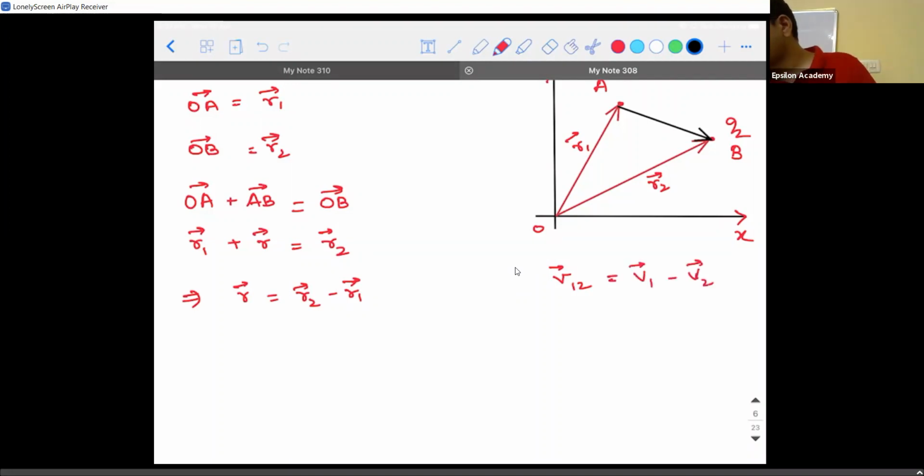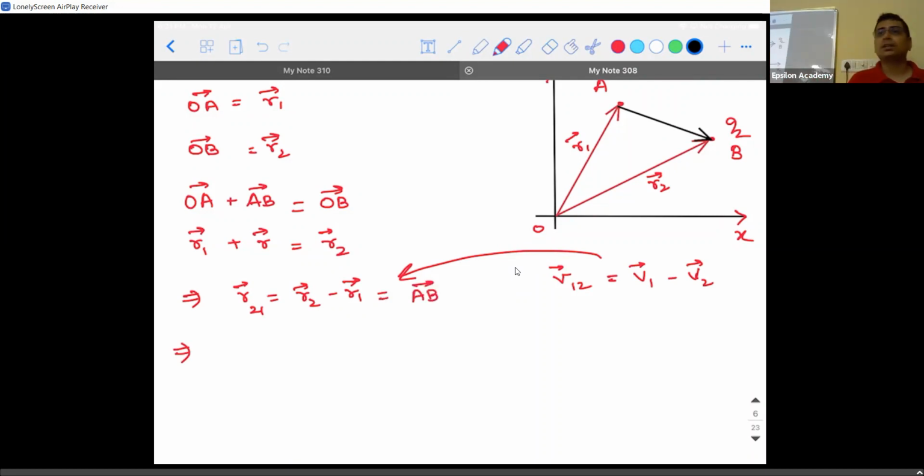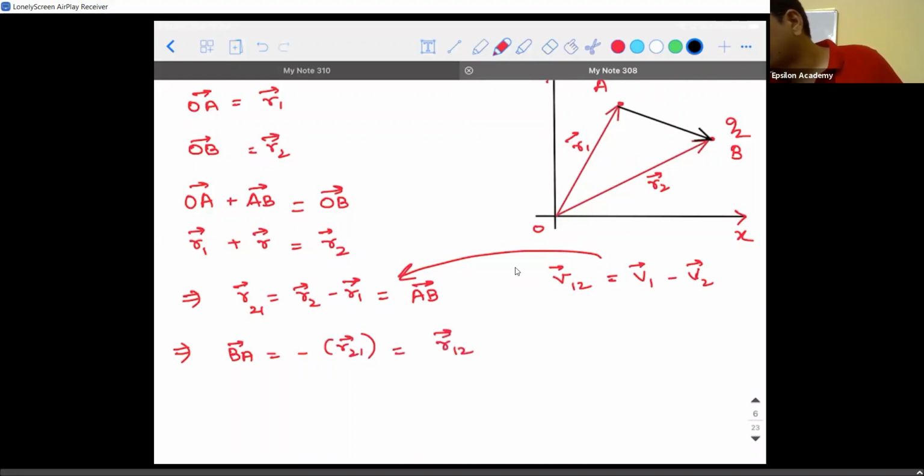In a similar way, if I have to apply this concept here, I will call this R21 vector. So from this, what can I conclude? R21 vector is nothing but AB vector, correct? Then what can I say BA vector is? BA vector will be the negative of R21 vector, which is nothing but R12 vector.